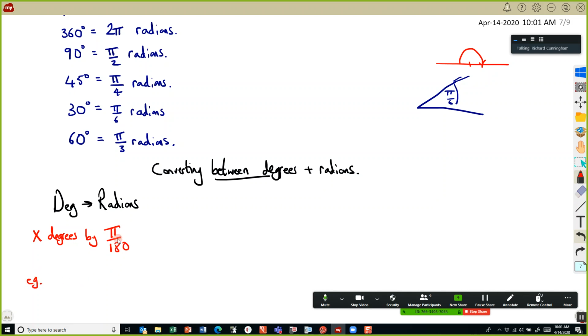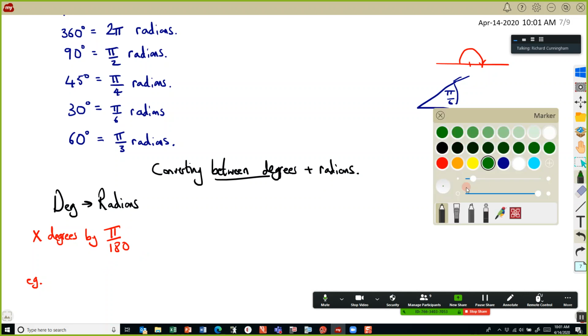Okay, and we do not write this as a decimal. Sometimes, if it's a calculator paper, they will write it as a decimal, but if we're ever working in it, we try and write it as it is, okay?